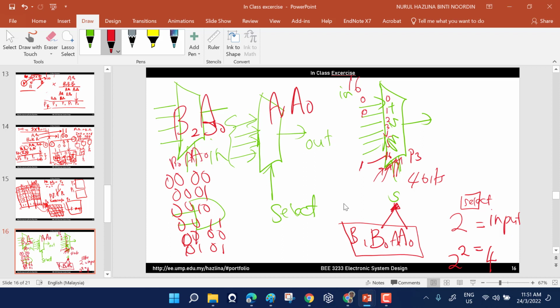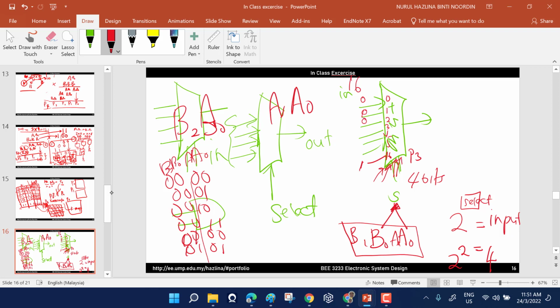This is B0, B1. When you want to derive the output that we saw here just now, when you divide this into 2, as if you are multiplying, 0 multiply by 0, you get 0. 0 multiply by 1, still 0. 0 multiply by 2, still 0.